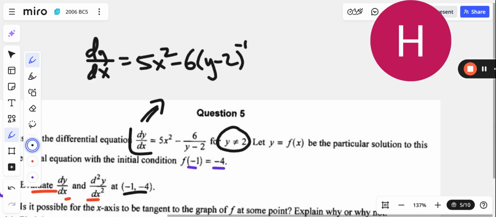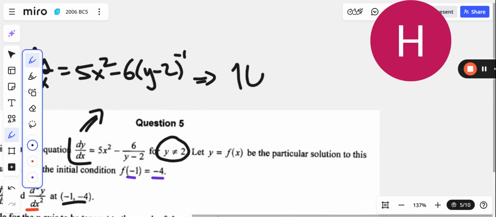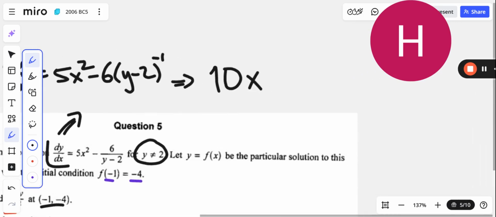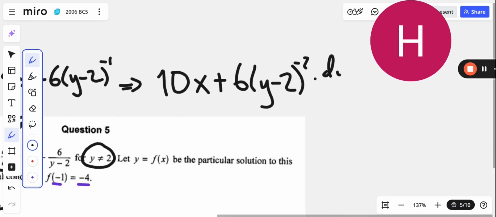And that's our dy/dx. So in order to find the second derivative, we're just going to follow the power rule here. Then we're going to use the chain rule, plus 6 (y minus 2) to the -2 power, and then times dy/dx. That is our second derivative.